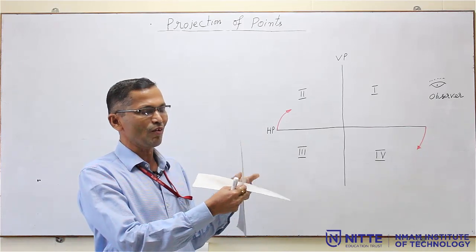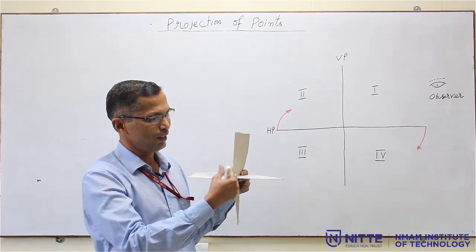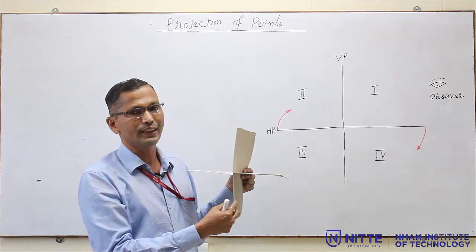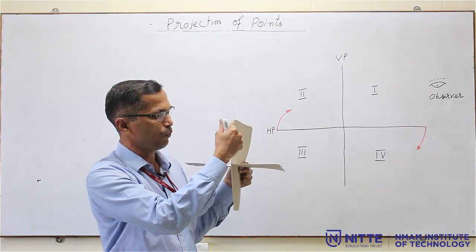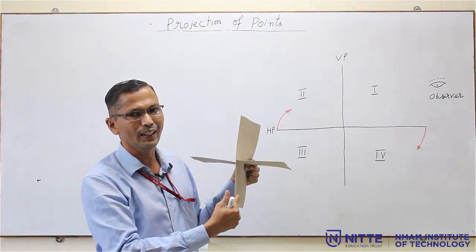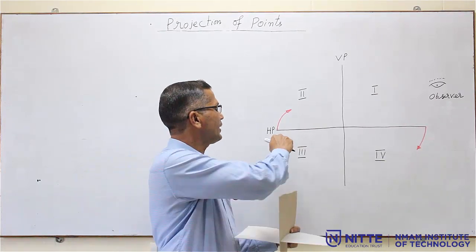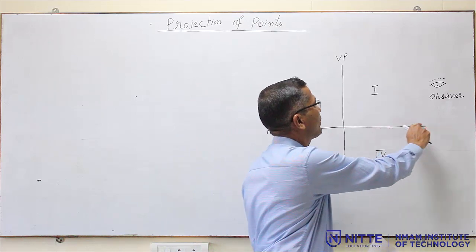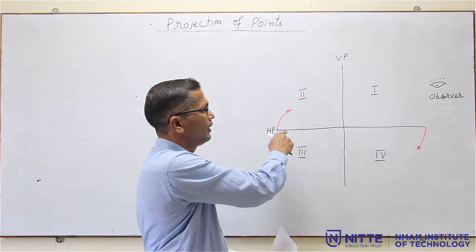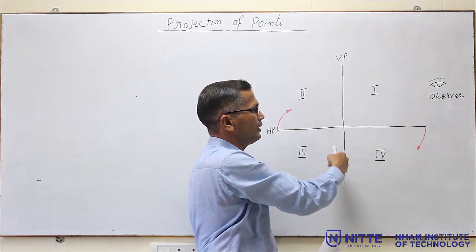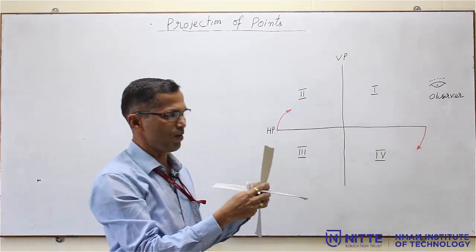Now, if you look from the front, this 3D quadrant system looks like two lines. This is one vertical line and one horizontal line. Now, these two lines are represented here. So, this is the horizontal line, we call it HP, this is the vertical line, which represents the VP.